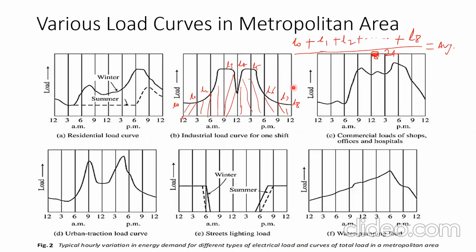In case of shops, offices or hospitals the time duration is different. In case of urban traction load curve, only two instances of maximum demand are there. The maximum demands of various loads happen at various times.